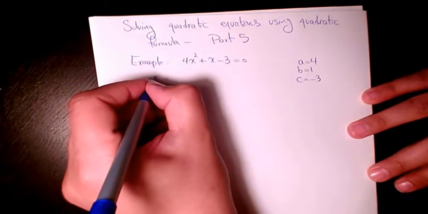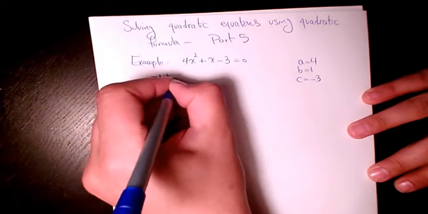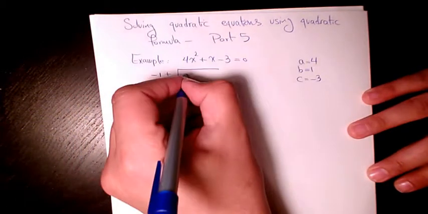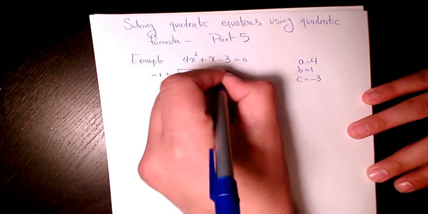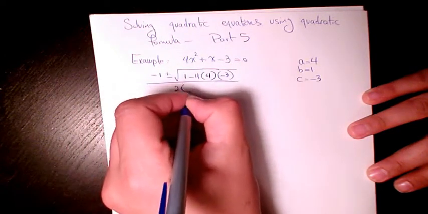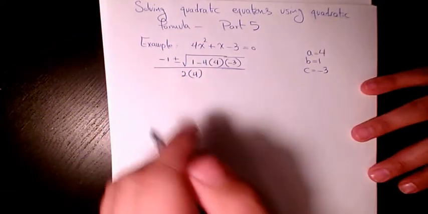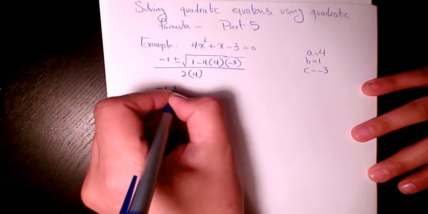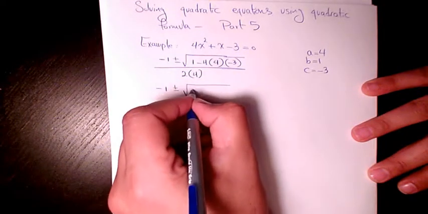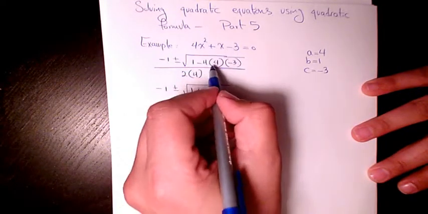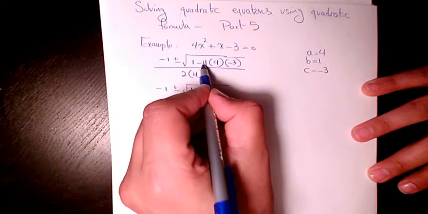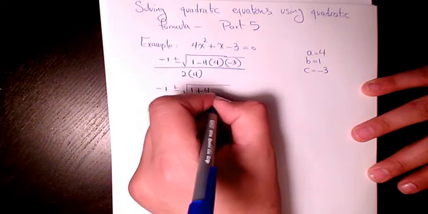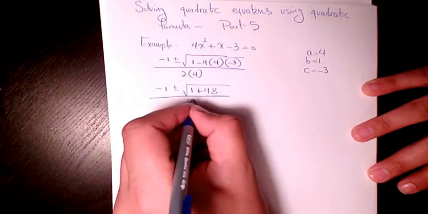So we have negative b, negative 1, plus minus square root of b squared, 1, minus 4 times a times negative 3, divided by 2a, 2 times 4. So that will be negative 1 plus minus square root of 1 plus negative 3 times 4, negative 12 times negative 4 is going to be positive 48, divided by 2 times 4, 8.